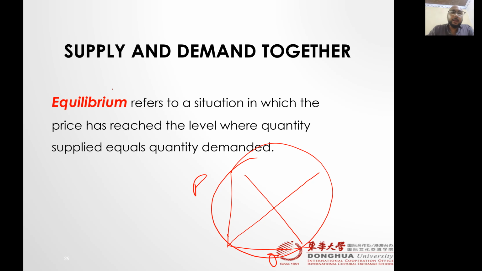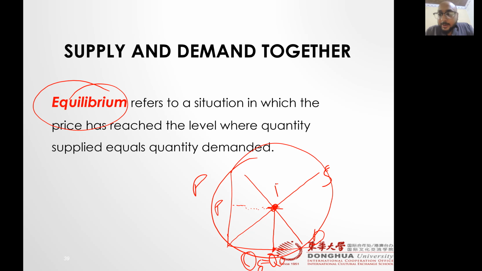So here the equilibrium, which is this cross section, is referred to the situation in which price has reached a level where quantity supply, this is supply and this is demand. So this is quantity demand and also quantity supply.